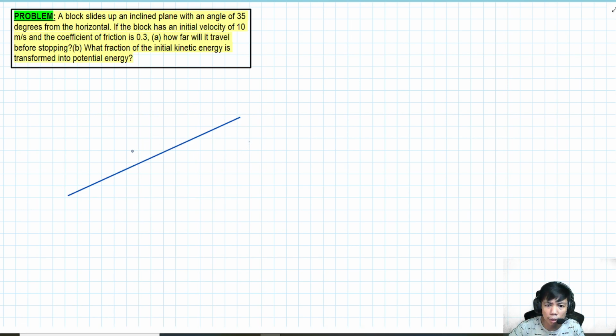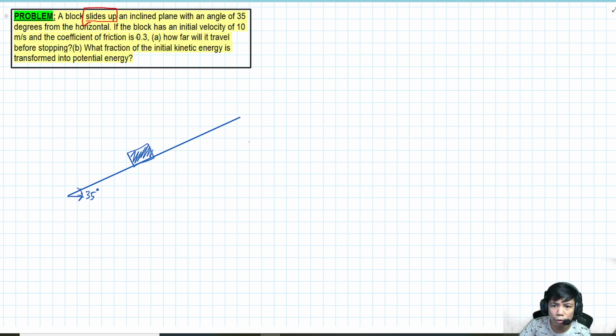Then, meron tayong block. Slides up. So take note of the motion of the block. Let's say ito yung ating block. Ayan. Ito yung ating angle na 35 degrees.